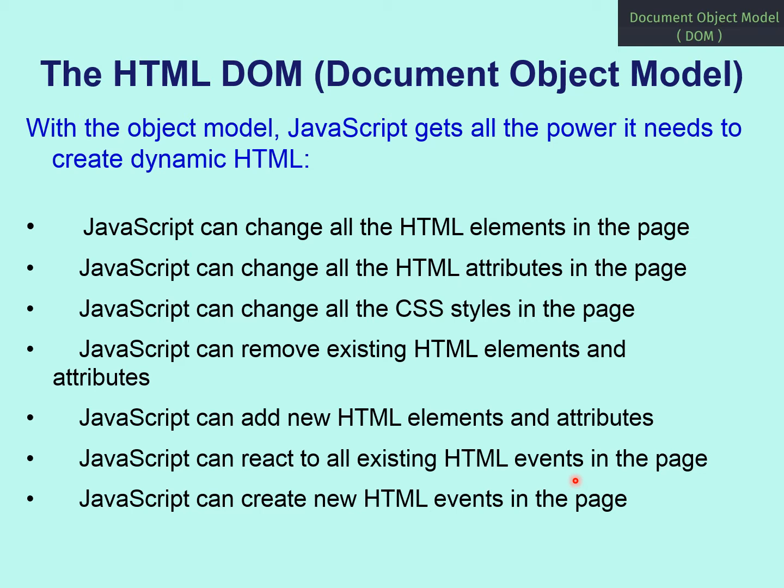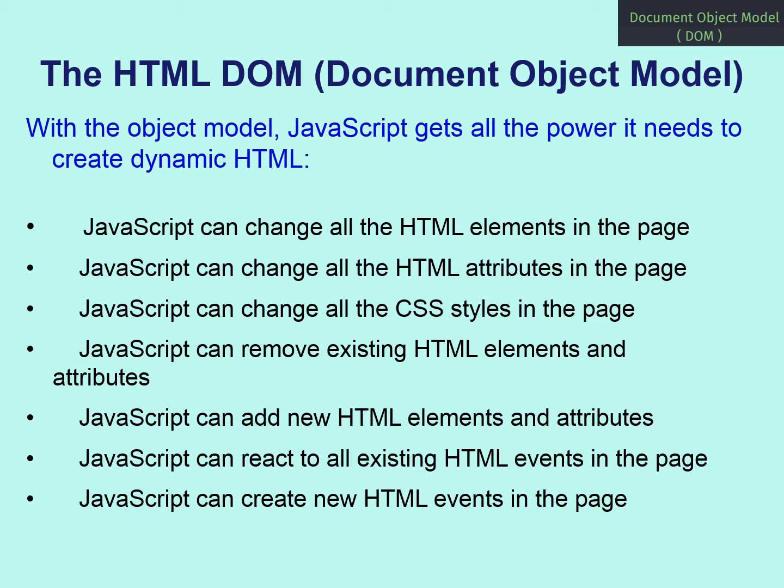So JavaScript code can react to all types of events in a web page. JavaScript can create new HTML events in the page. From the JavaScript code itself, we can create new HTML events.